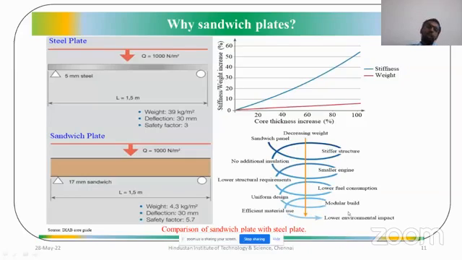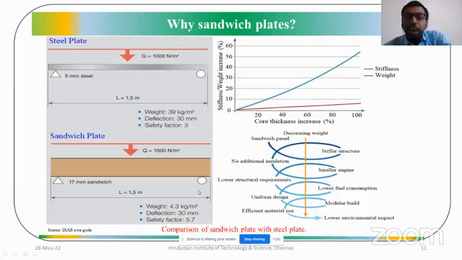So why a sandwich plate? Compare a steel plate or any monolithic plate. As per the DIAB guideline, for the same span length of 1.5 meters and the same load of 1000 Newton per meter squared, the deflection in the steel plate is 30 mm and the deflection in the sandwich plate is 30 mm.